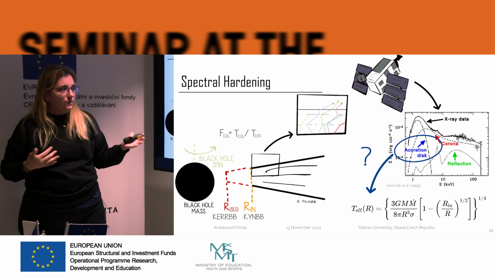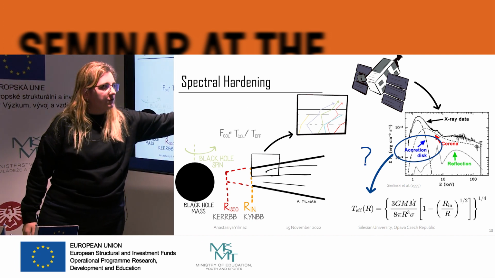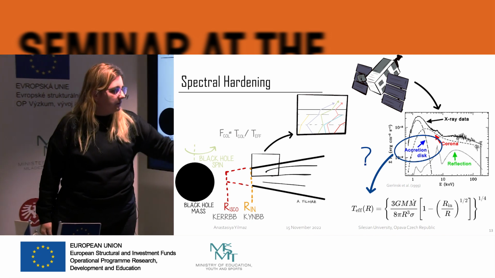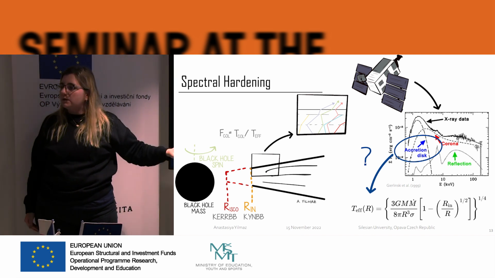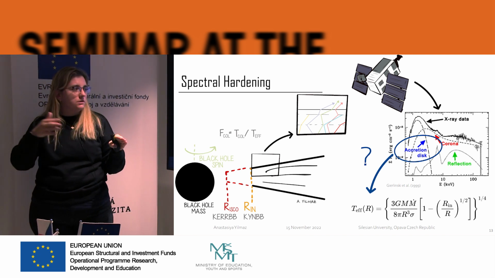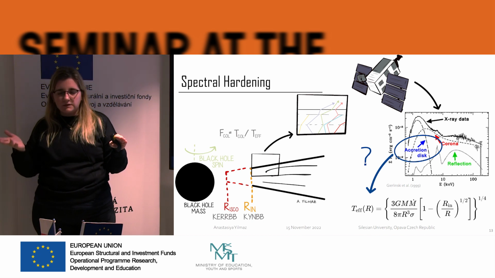Now, what happens? So this is your observed X-ray spectrum, but your disk BB model assumes that this is your effective temperature, and it assumes that you are always observing that effective temperature at specific radii. So it's a multicolor disk black body spectra.